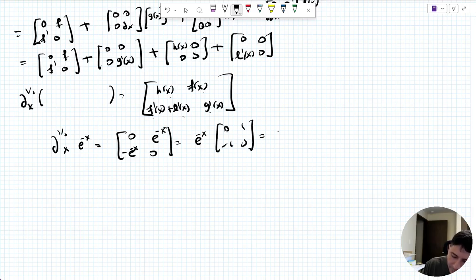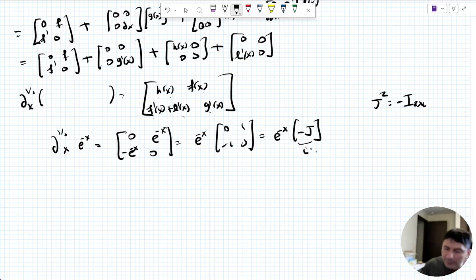And this is nothing more than e to the minus x times the J matrix, right? Where J squared is equal to minus the identity, 2 by 2. So it's a root of unity, right? So yes, in a way, this is equal to i basically, right?